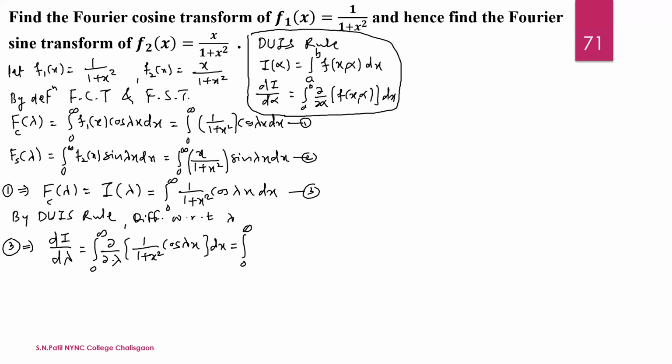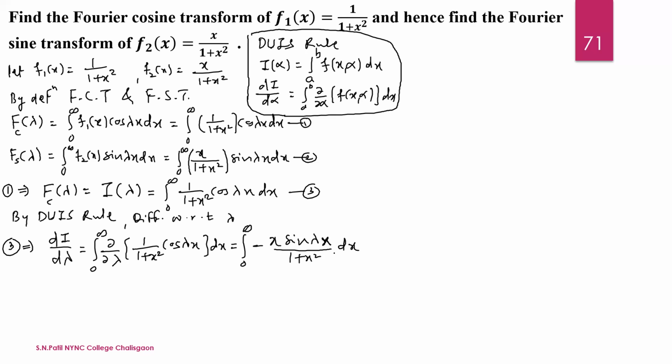Here this is the partial derivative with respect to lambda. Other than lambda, we treat the other terms as constants, so x is constant here. So only the derivative of the cosine function, and we know the derivative of cosine is minus sine; again the derivative of λx with respect to lambda is x, divided by the constant term 1 + x², and then integration with respect to x.